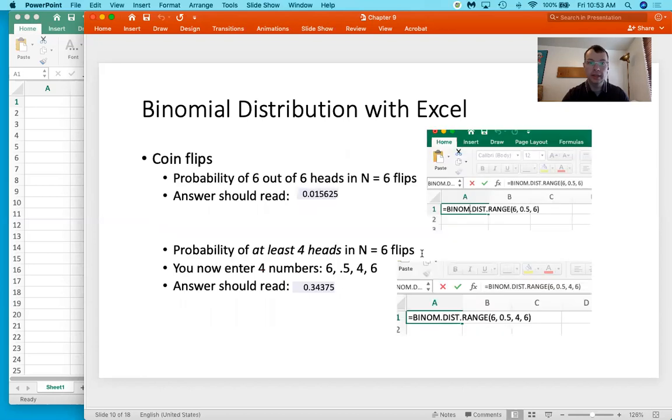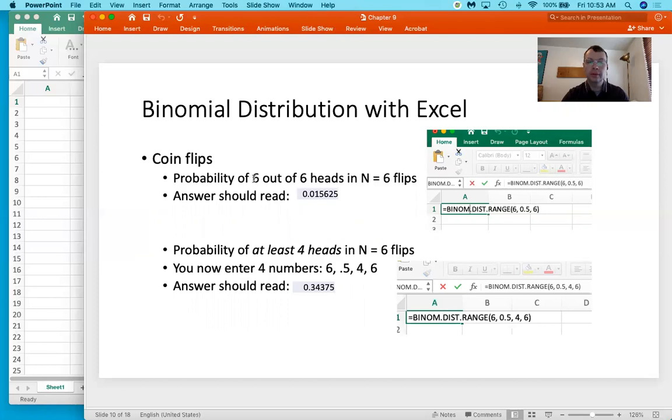If we look at the next page, we've got two examples. Here I show you a screenshot of Excel, but let's actually do this. We'll start with coin flips, and P for a coin flip, the probability that a coin lands heads, is 0.5, right? Half chance.